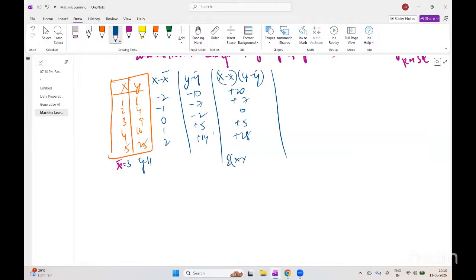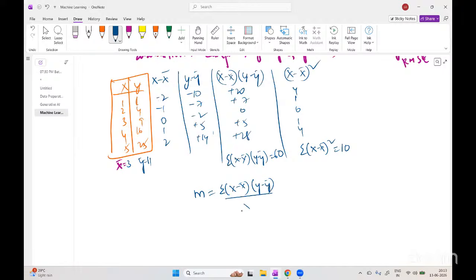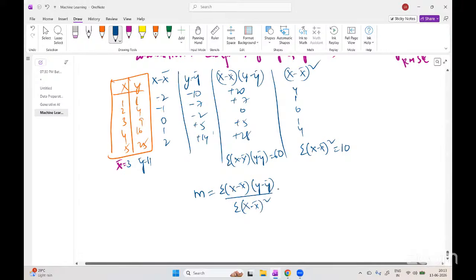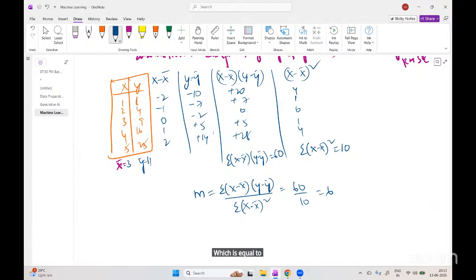Total of x minus x bar into y minus y bar is 60. Dividing by 10, which is the sum of squares of x minus x bar, M is 60 by 10, which is 6.